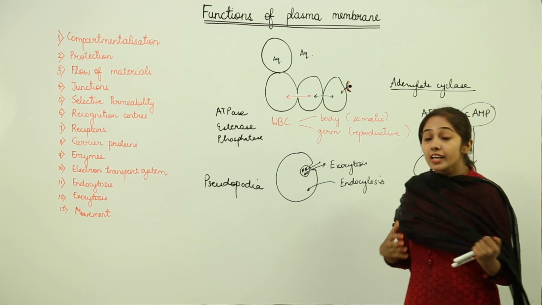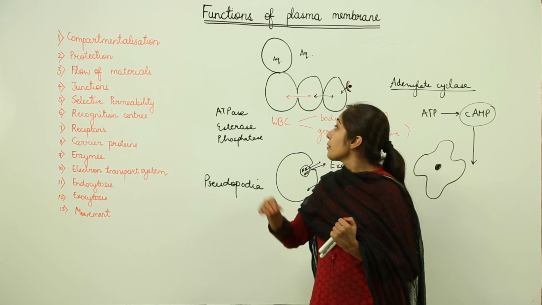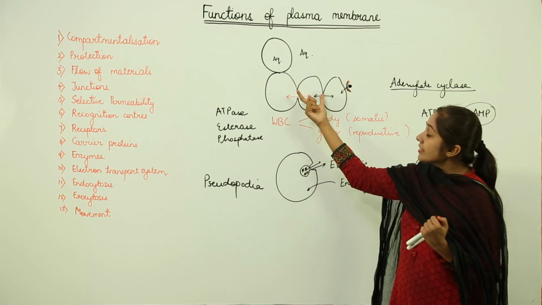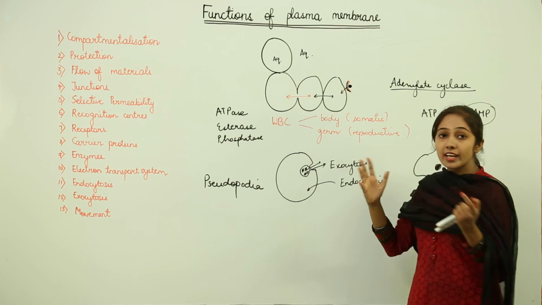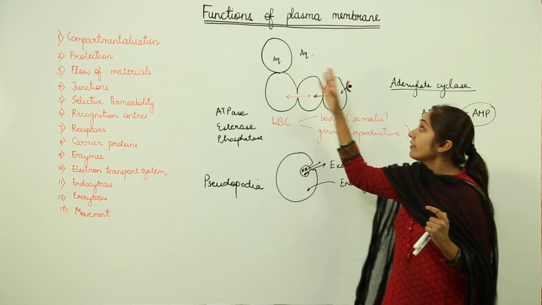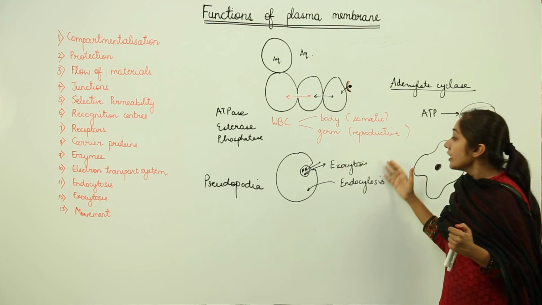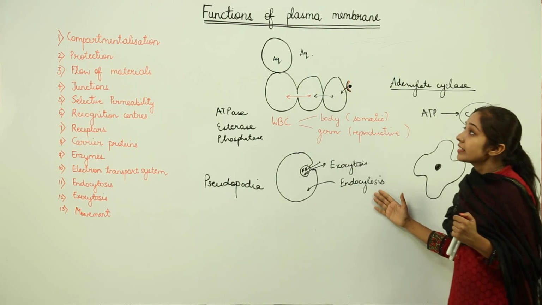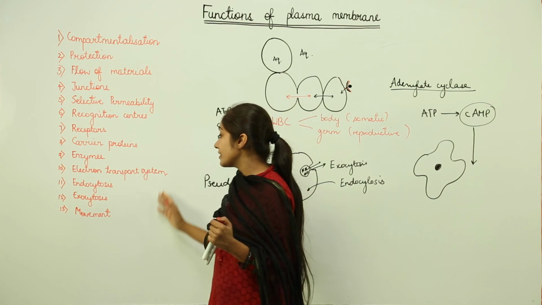So there are many. It's a very, very important part of a cell, which is basically forming a compartment. It is going to differentiate the internal environment from the external environment, which are both aqueous in us. So you can also make out that the functions of the plasma membrane cannot be summarized in just these 13 points.